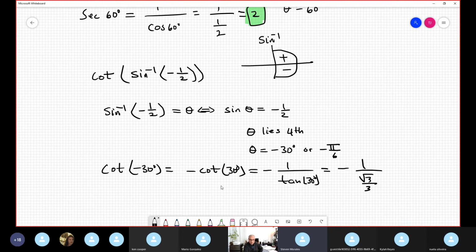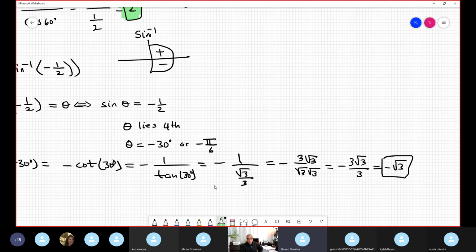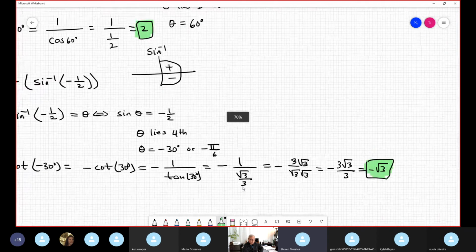So now flip it: 3 over radical 3. Rationalize: 3 radical 3 divided by 3 is radical 3, negative. It makes sense because my angle lies in the fourth quadrant, and the cotangent is negative in the fourth quadrant.